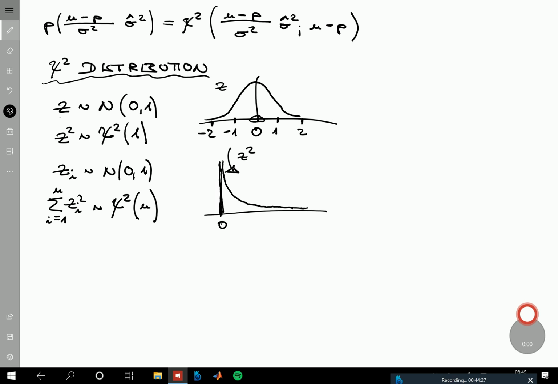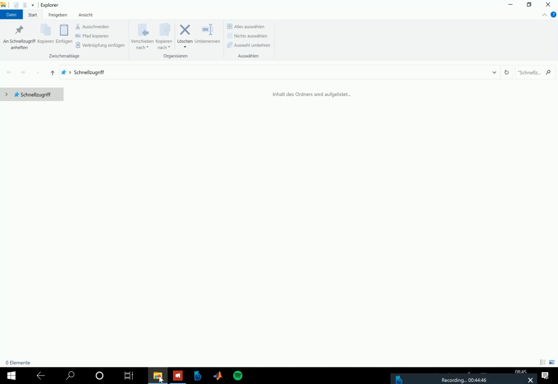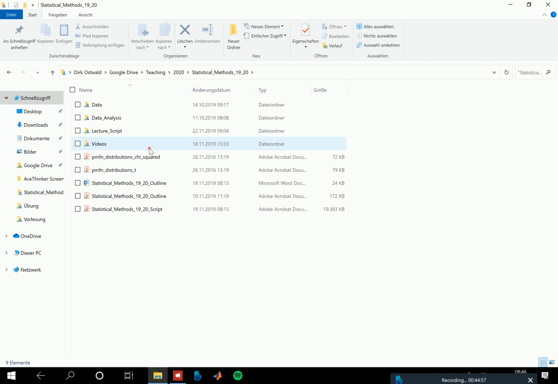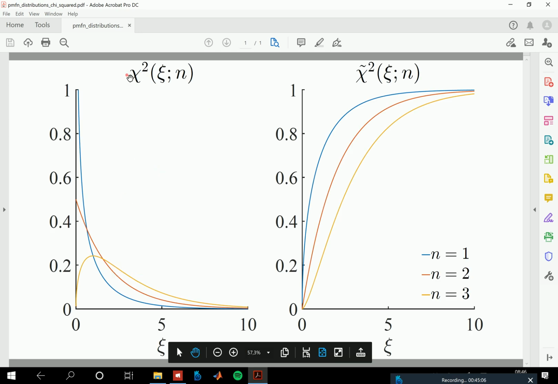If you now have multiple of those z variables, then the chi-square distribution starts to look a little bit different. So I can show you an image. So this is here the chi-square distribution for n degrees of freedom.